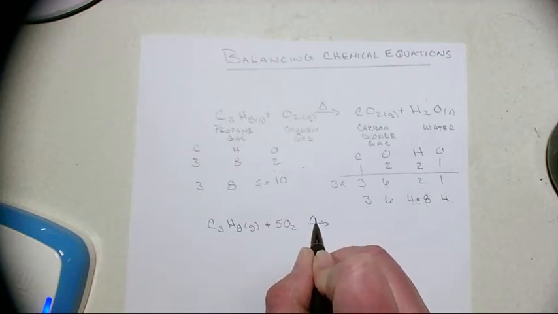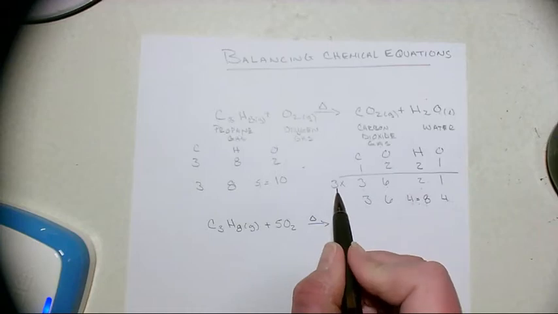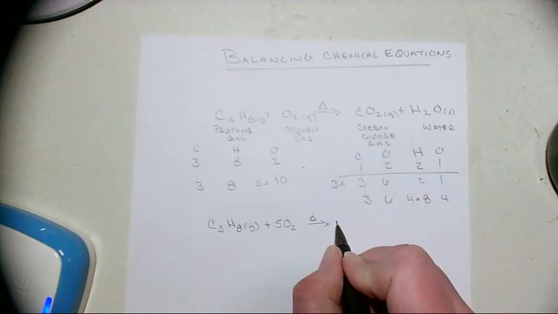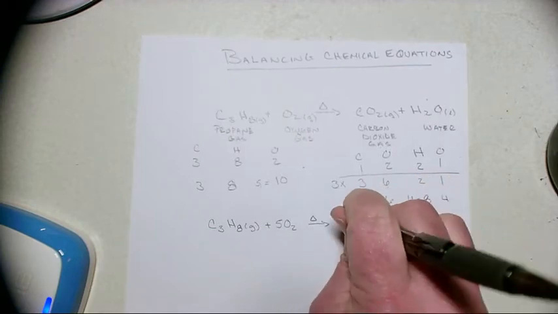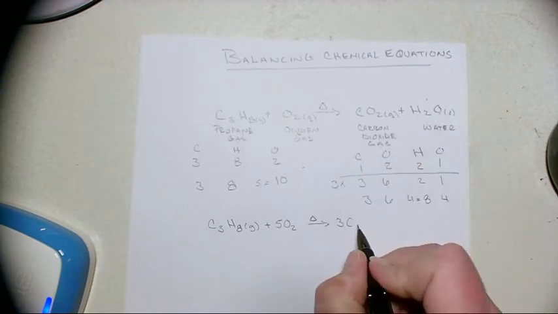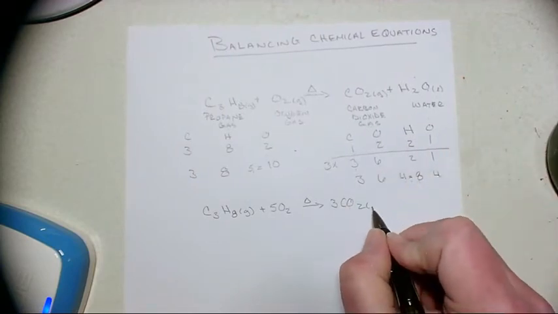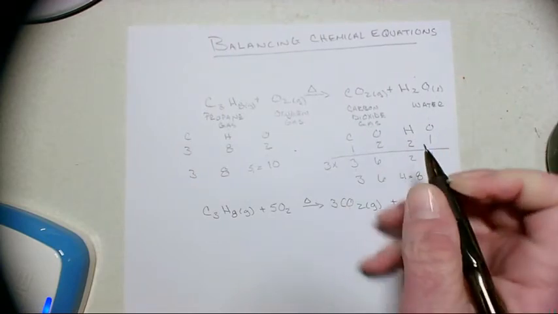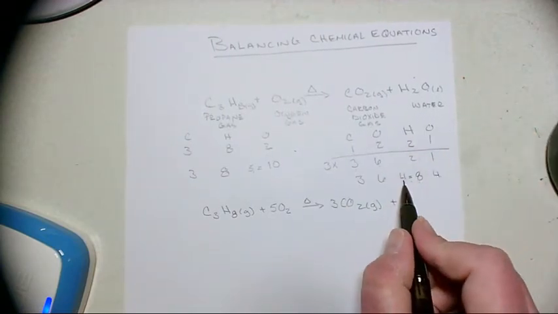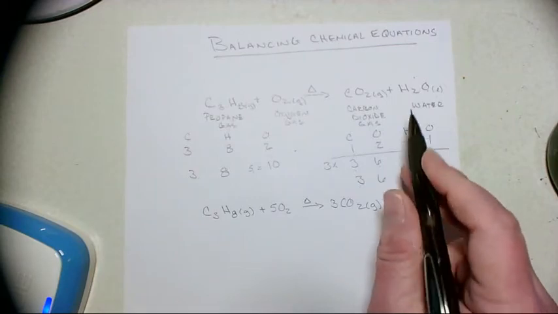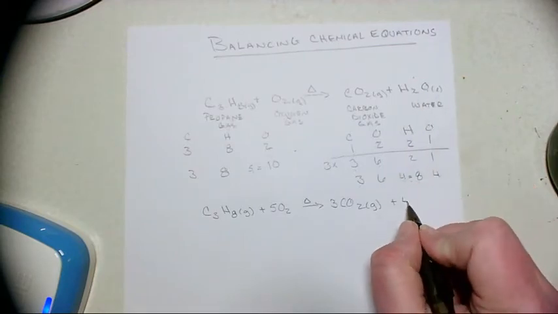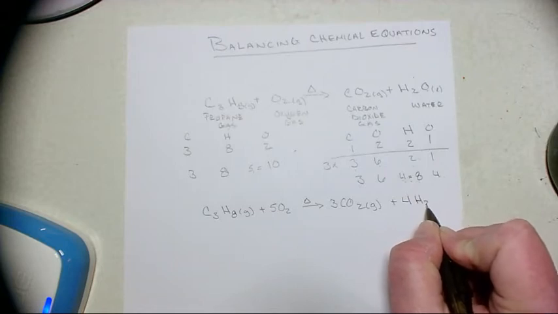A little bit of heat, and I said 3 carbon dioxides. So 3 CO2, and that's a gas, plus I multiplied 4 to increase the water count, 4 H2O.